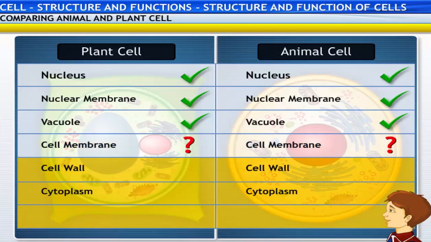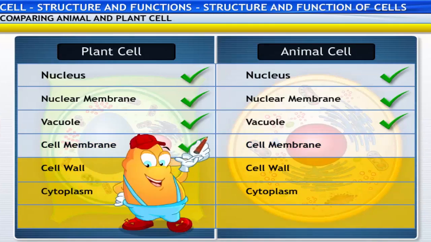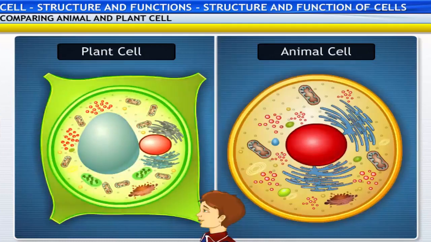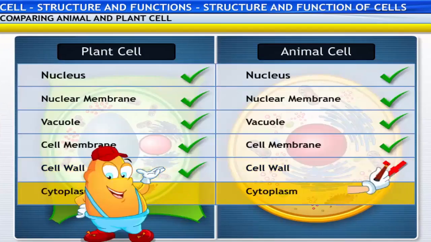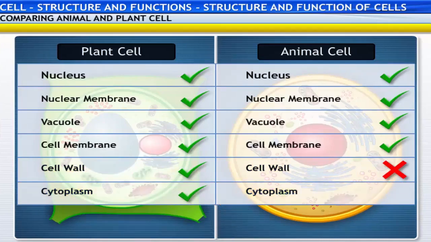Now, what about the cell membrane? It is also present in both the cells. The plant cell has an additional covering, right? Yes, you're talking about the cell wall. Animal cells don't have cell walls. Then, cytoplasm is present in both plants and animals, right?